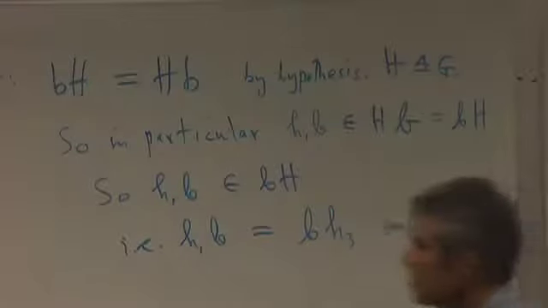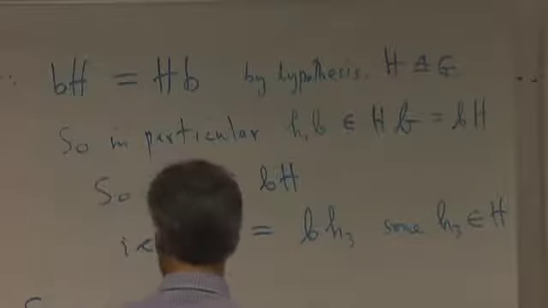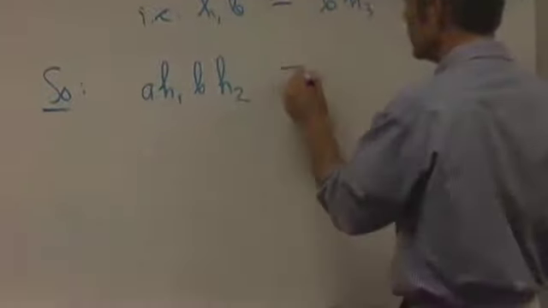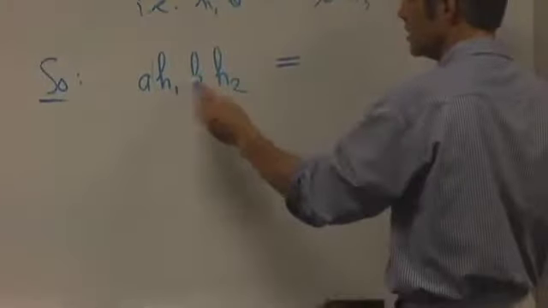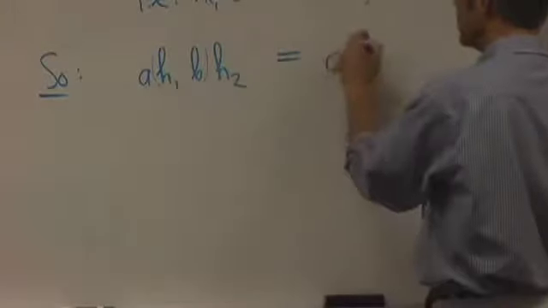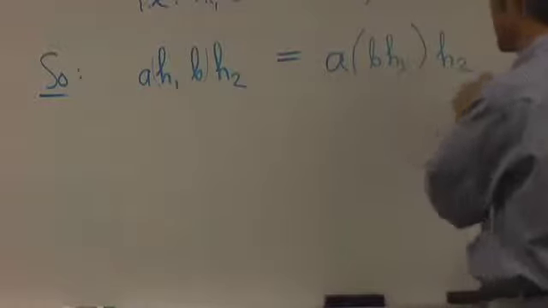So here's what we're going to do. A H1 b H2, this is what we're interested in saying something intelligent about, equals, well, I'll just slide some associativity in here. Associativity abounds. I can group things anywhere I want. Equals A, but wait, H1b is bH3. Just substitute.